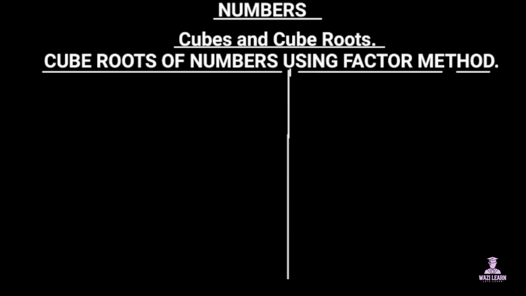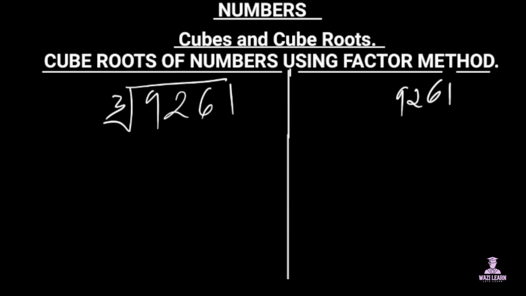You can always pause the video and try. Let's say you have 9,261. Find the cube root of 9,261. This one is very large, but it can still be done. The smallest prime factor that can divide this one is 3.